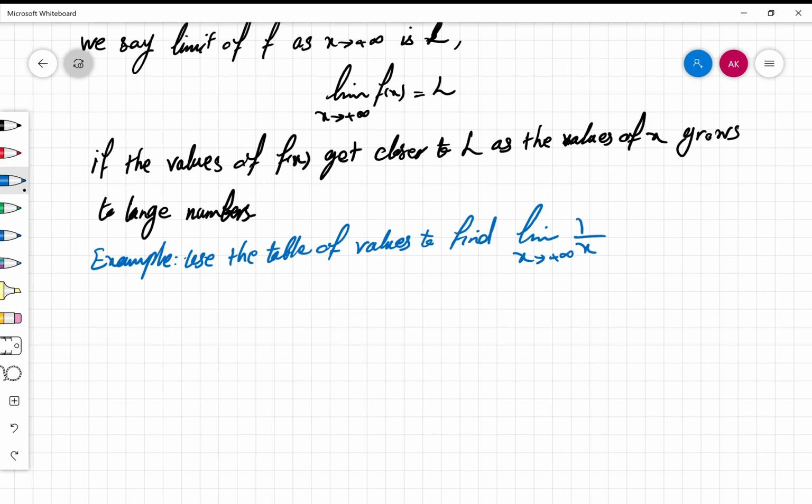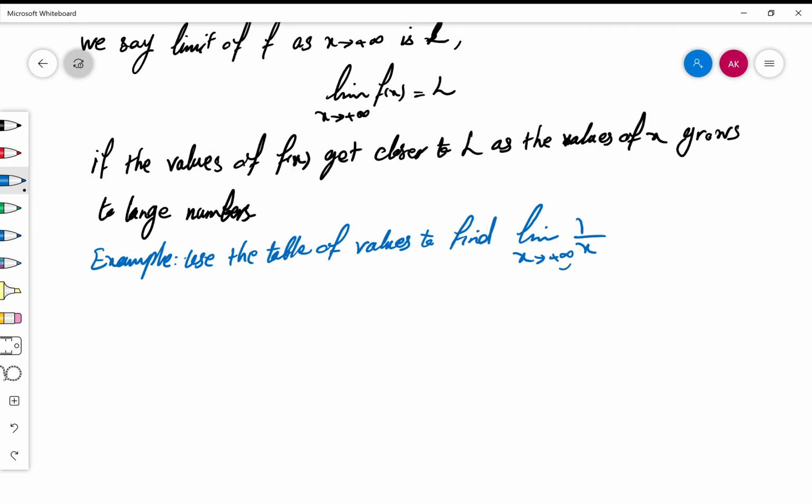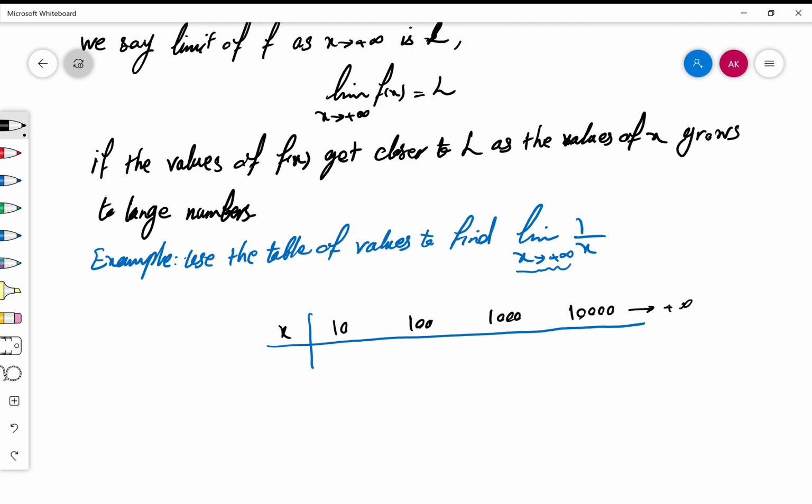Okay, so what should we do? x grows to positive infinity. It means that we should have a table at which the values of x grow. Well, let me start with 10, then 100, 1000, 10,000, and so on.